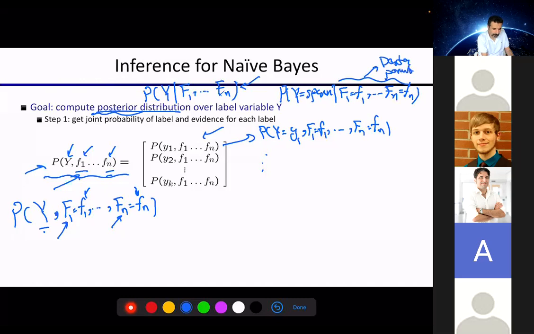So this is your x. In general, you want to have a conditional probability of y given x. This is the thing you want to construct, right?